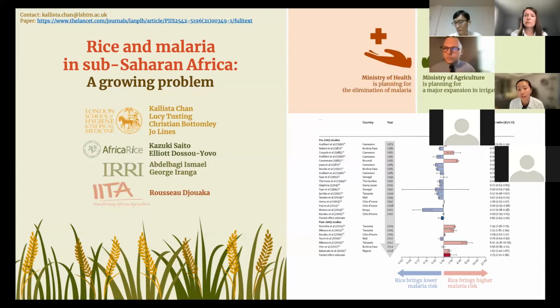This is the main reason why the malaria and rice situation in sub-Saharan Africa is so severe, because these are the most efficient malaria vectors in the world. And these rice fields are very capable of breeding them, proliferating them up to eightfold.